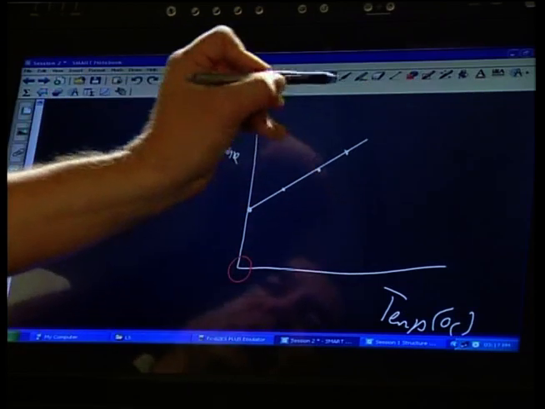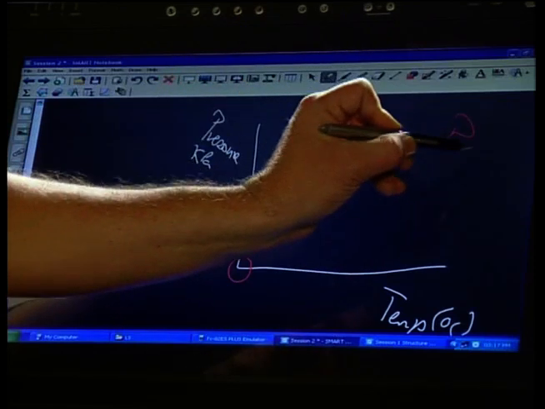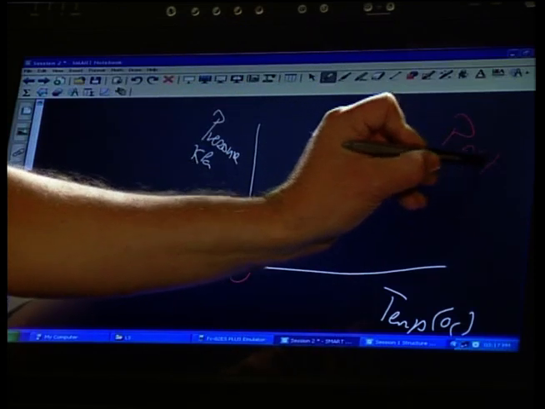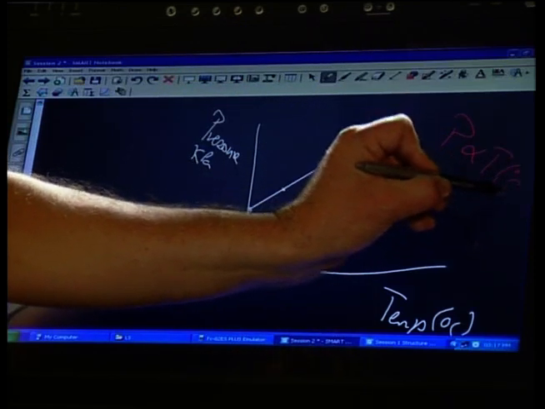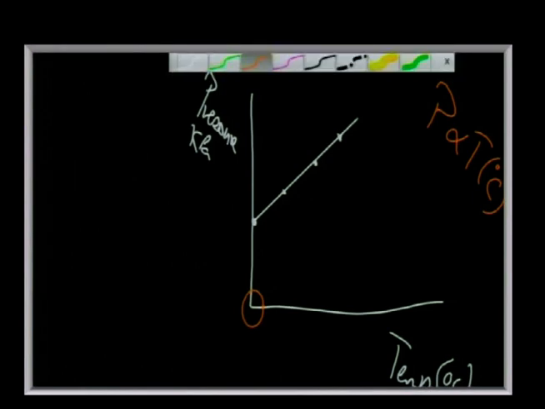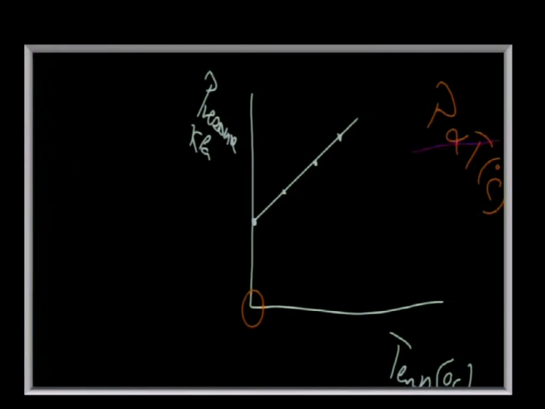So we can't say pressure is directly proportional to temperature in degrees Celsius. You can't do that. It's not allowed. It's not correct, because it doesn't go through the origin. For something to be directly proportional, you need a straight line graph, and it has to go through the origin.